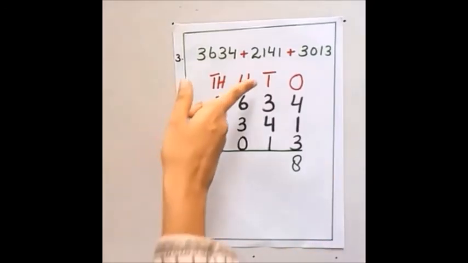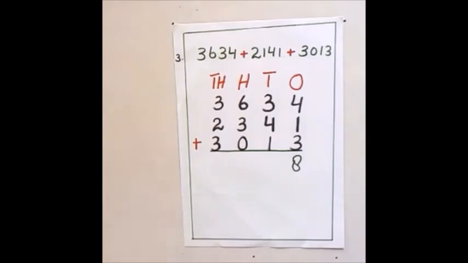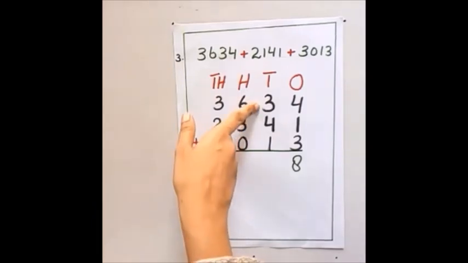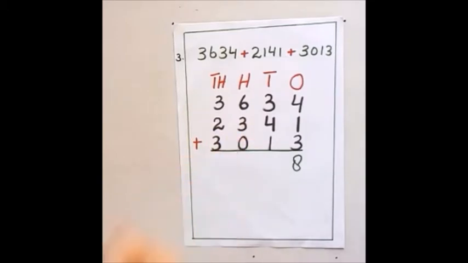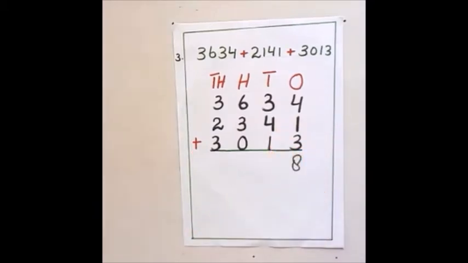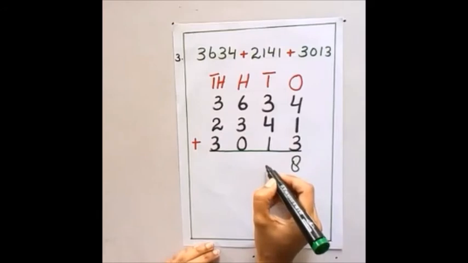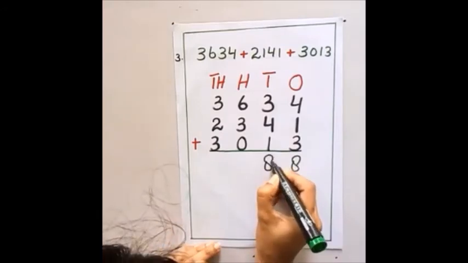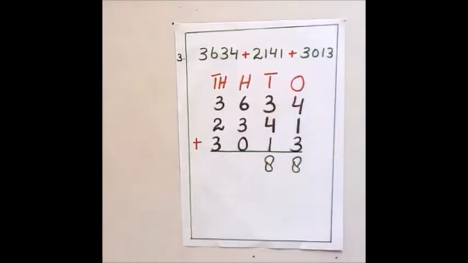Then in the tens place I have 3, 4 and 1. So 3 plus 4 plus 1 gives me 8. So I will write 8 under the tens place.